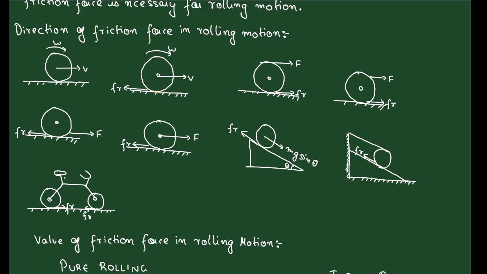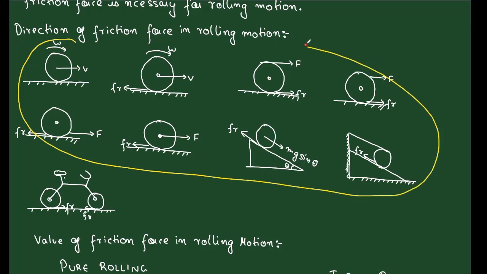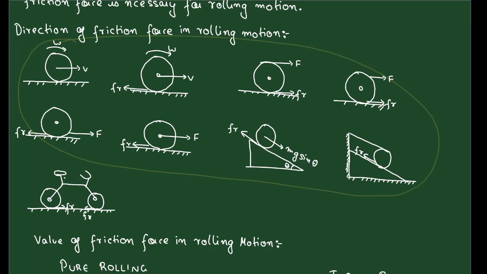What I was doing in finding the direction of friction force was assuming that there was no friction out here, then finding out the sense of rotation, and then applying friction force in the opposite direction. However, in case of finding the magnitude of friction force, you need to first see whether this surface is slipping or not.